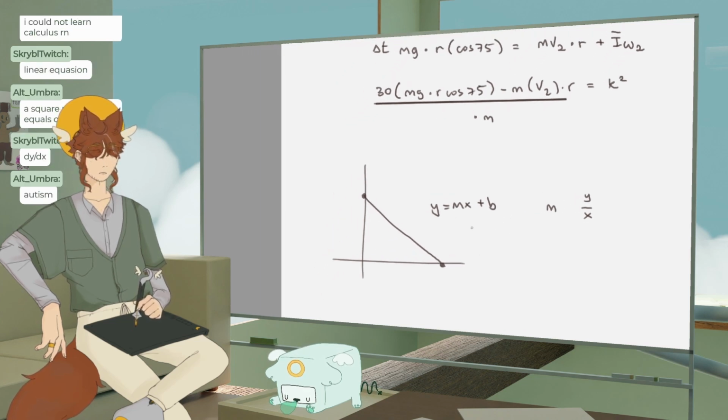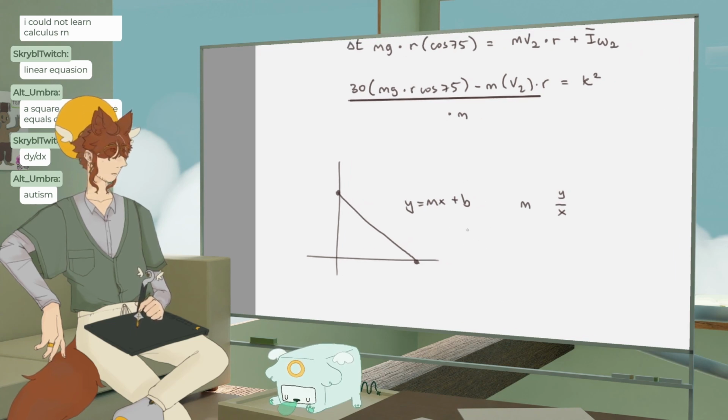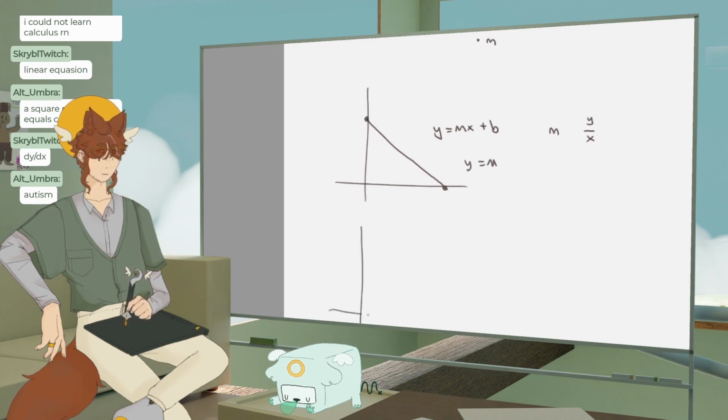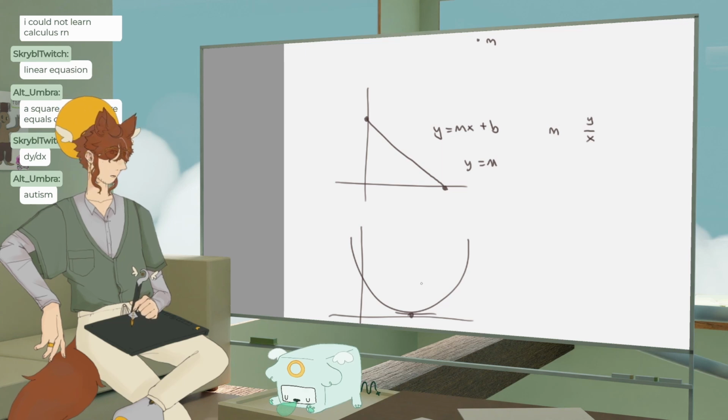So in this case, it's called taking a derivative. If we take the derivative of this, we want to get y equals m, right? And the same for a parabola. This is a really good example, because it's not easy to tell the slope, right?